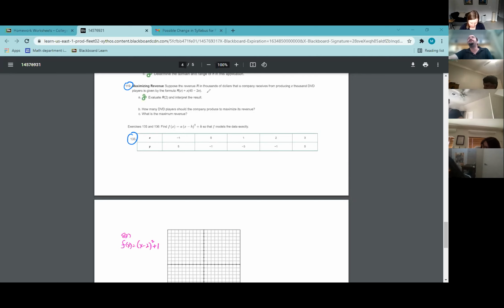So evaluate R of 2 and interpret the results. So this is something like we've done already. So I don't want to spend too much time on this first one, maybe. R of 2 is going to look like what? What does that equation look like?